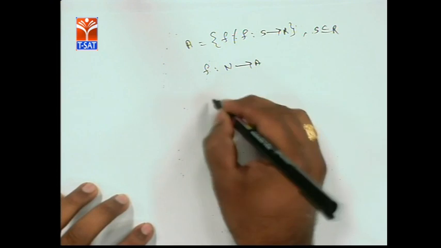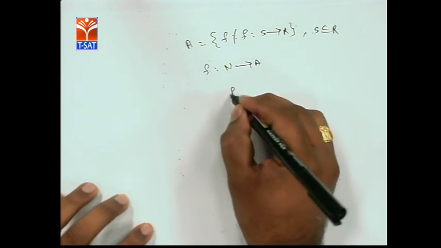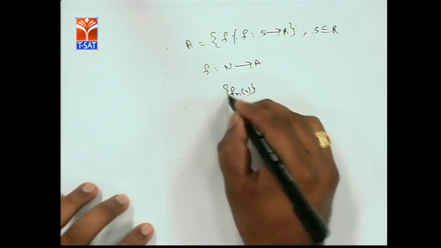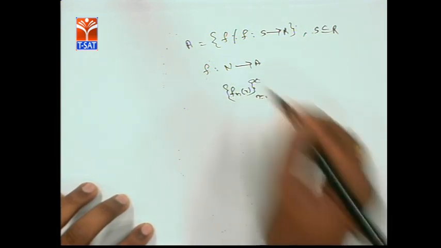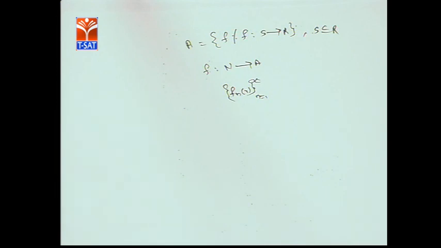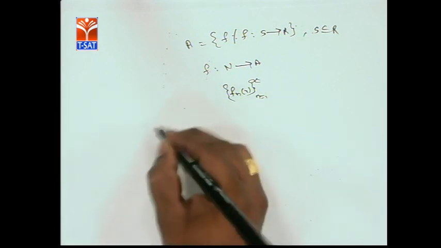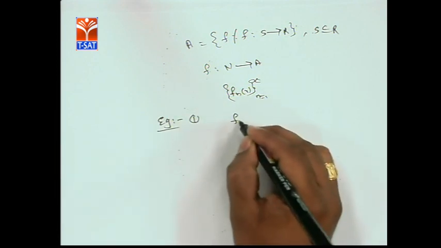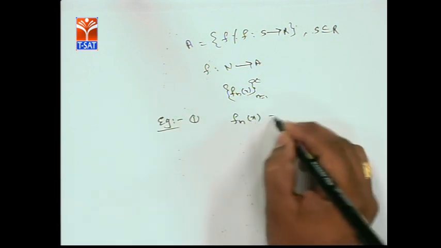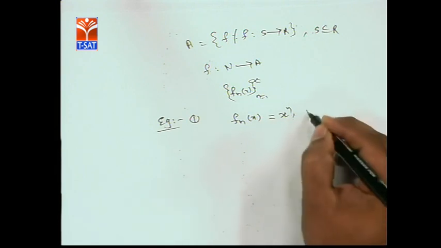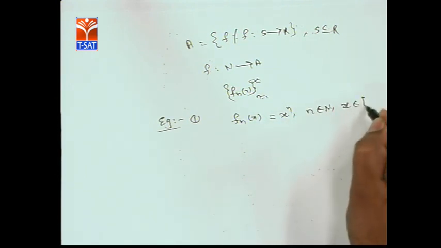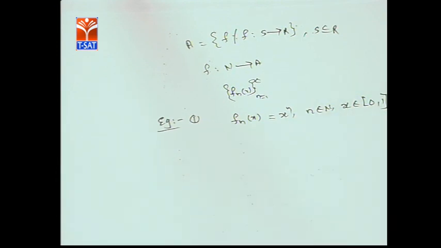Now suppose fn(x) is a sequence of real valued functions, denoted by n equal to 1 to infinity. For example, fn(x) is equal to x to the power of n, where n belongs to N and x belongs to the closed interval 0 to 1.